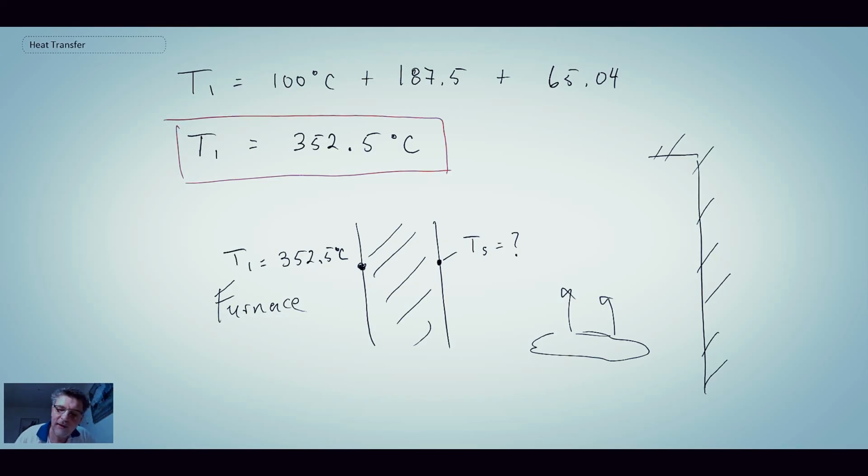And that is then an example of combined modes of heat transfer. So here we just solved a problem involving conduction, we had convection, and we had radiation.